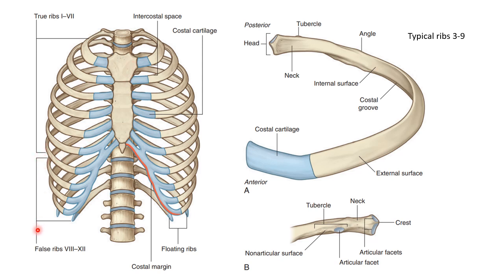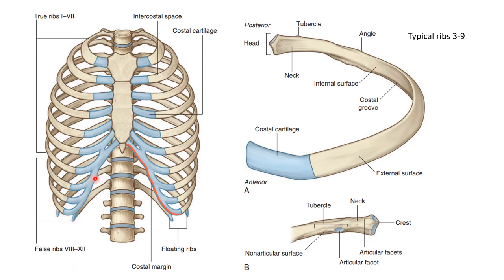The 8th to 12th ribs are called false ribs. The 8th to 10th are attached indirectly to the sternum through the costal cartilage of the 7th rib, while the last 2 ribs do not attach to the sternum at all. We call them floating ribs because they float in the muscles of the anterior abdominal wall.